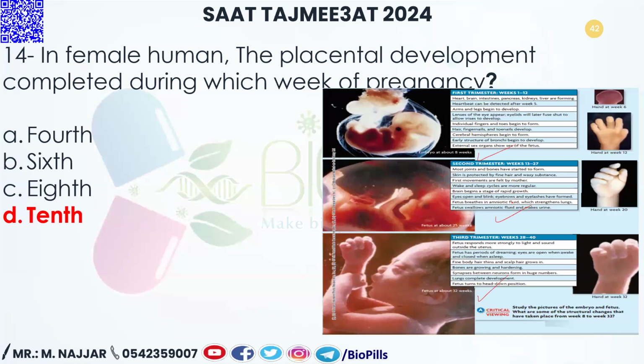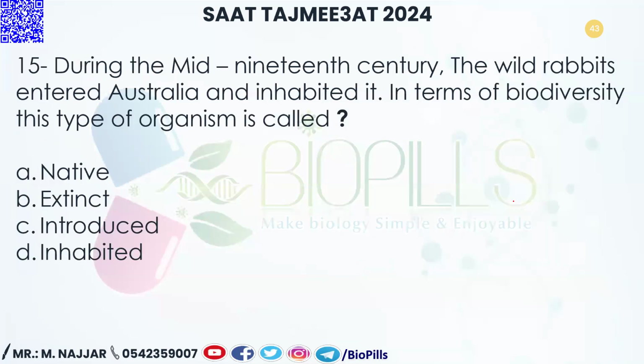Question number 15. During the mid-19th century, the wild rabbit entered Australia and inhabited it. In terms of biodiversity, this type of organism is called. Actually, when the British invader came to Australia, he was feeling lonely, because he used to hunt rabbits in the UK.